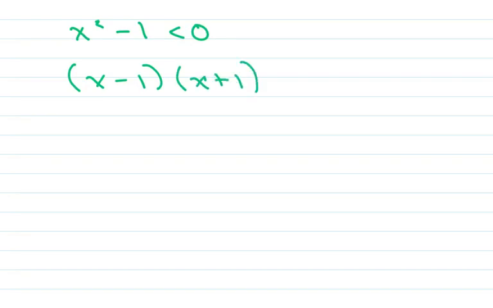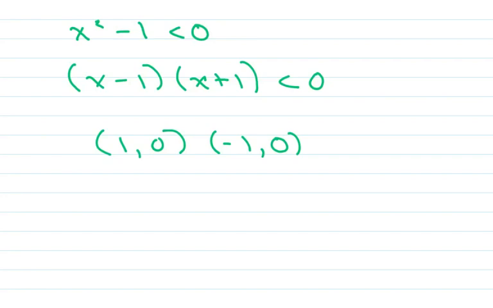And my last one is x² - 1 is negative. So if you factor this, you get (x - 1)(x + 1) is negative. So my zeros are 1 and negative 1.